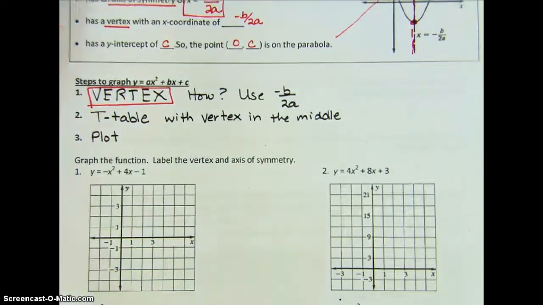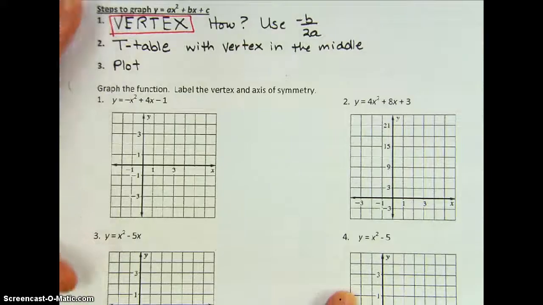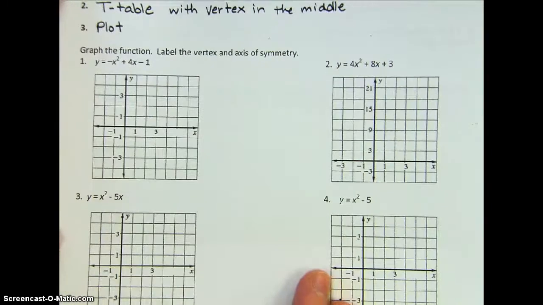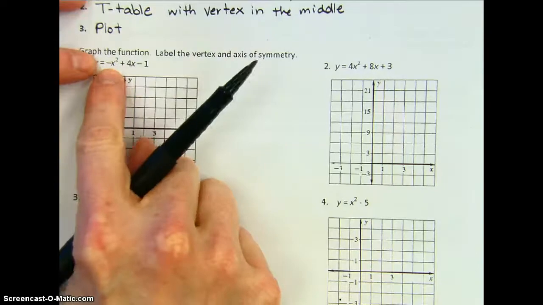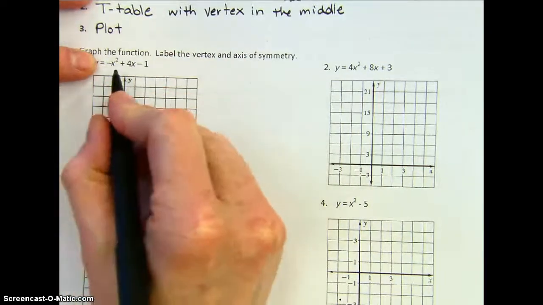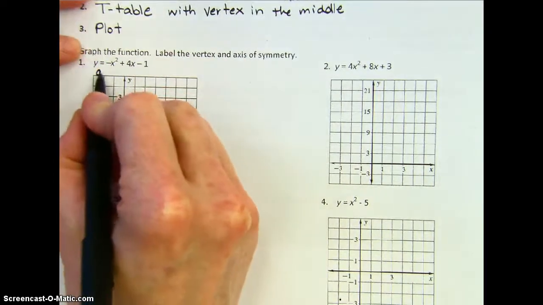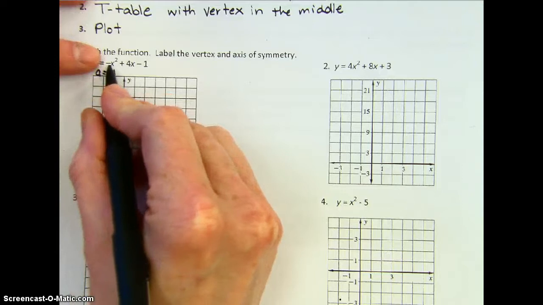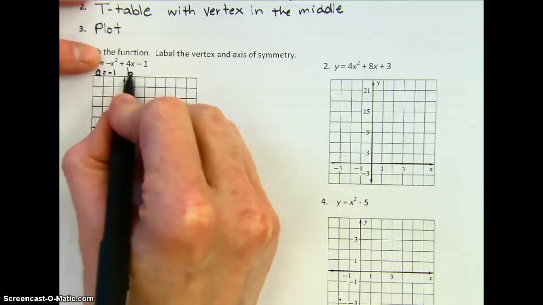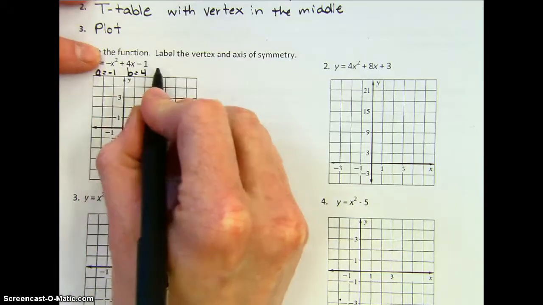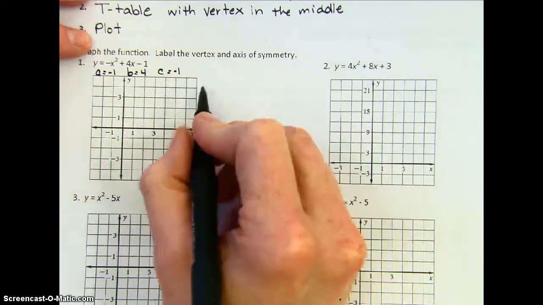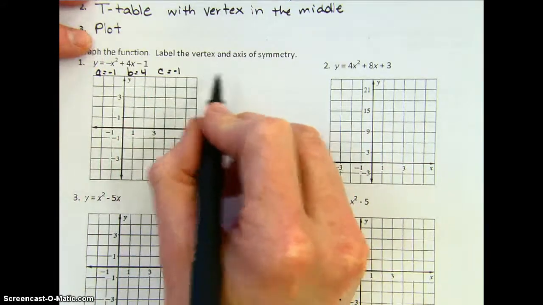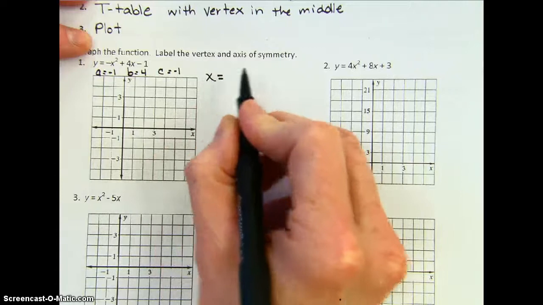So I'm just going to do one of these with you, and I'm going to let you do the rest. But the steps say find the vertex first. So I have a parabola. It is in standard form. I know a is negative 1 because it's negative here. I know b is positive 4. And I know c is negative 1. So the first thing I will do is find my vertex and my axis of symmetry.